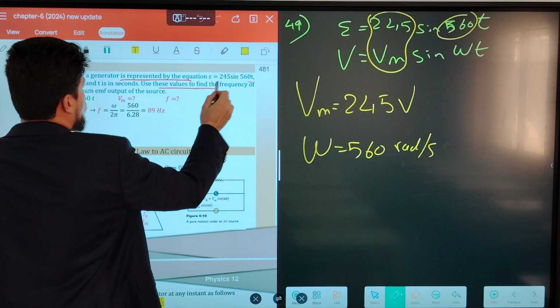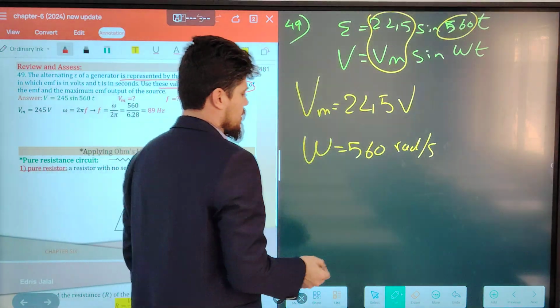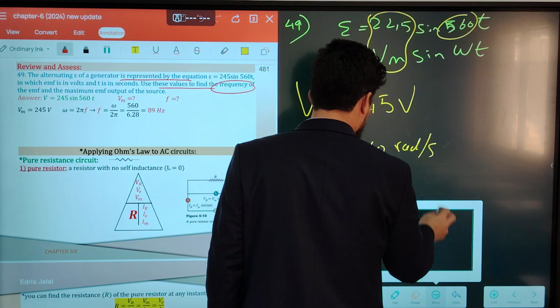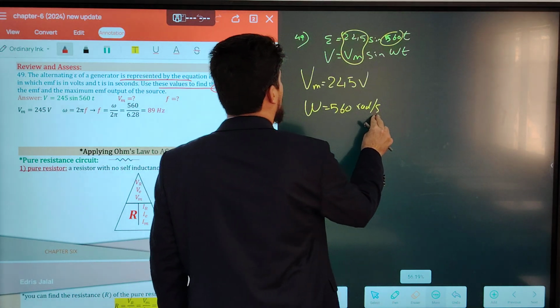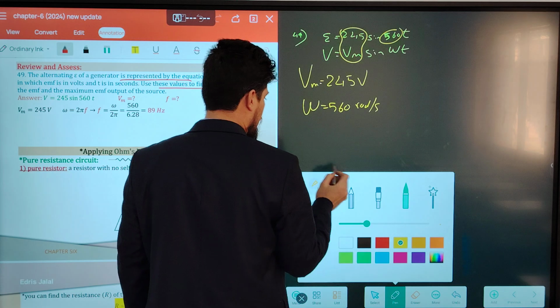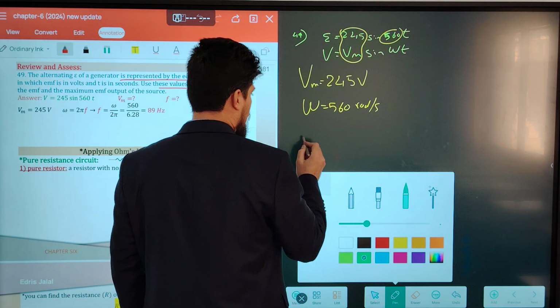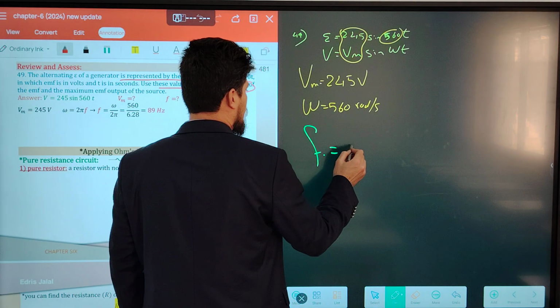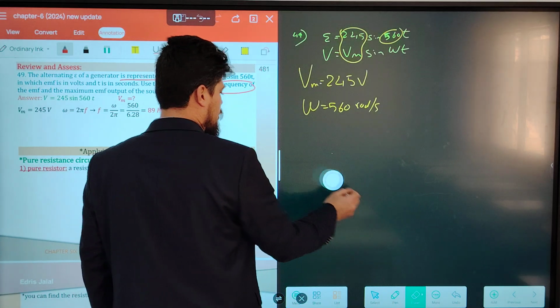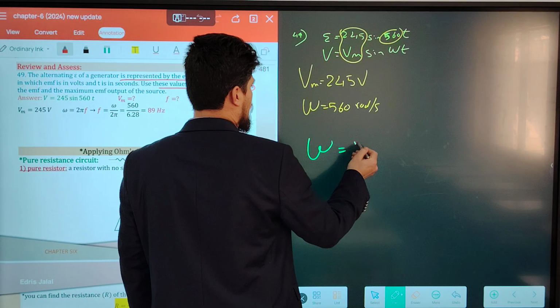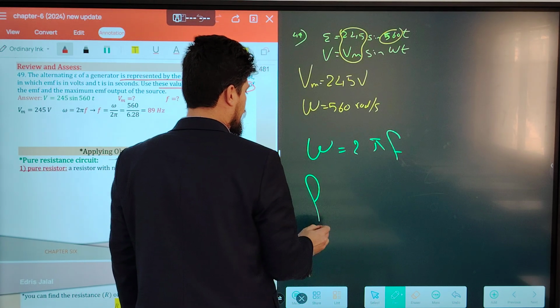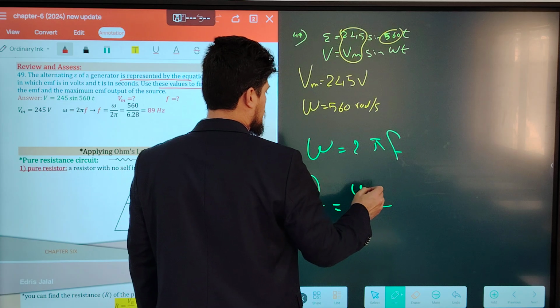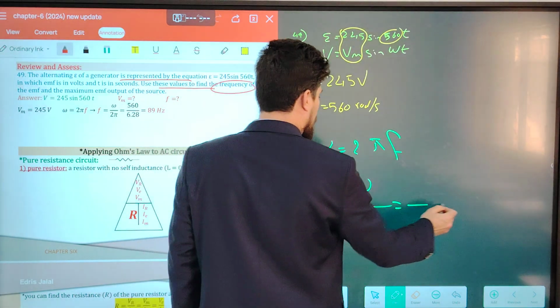What is unknown? Use this value to find frequency. How can we determine frequency? Omega is equal to 2 pi f. Frequency is equal to omega over 2 pi.